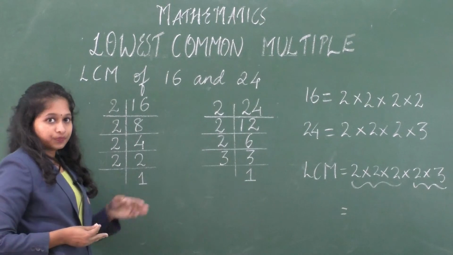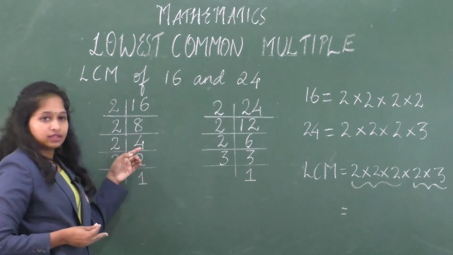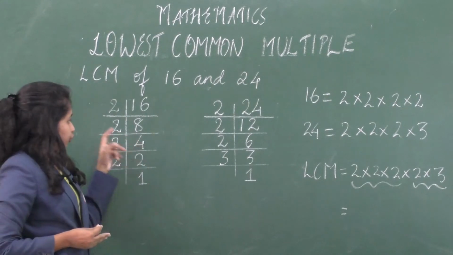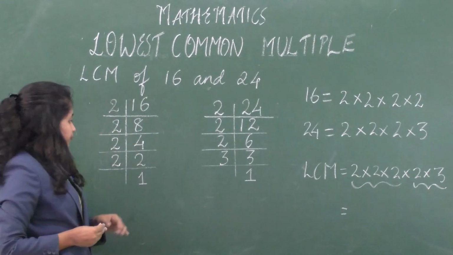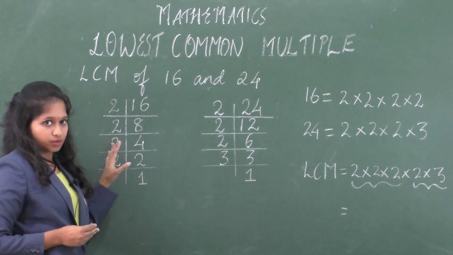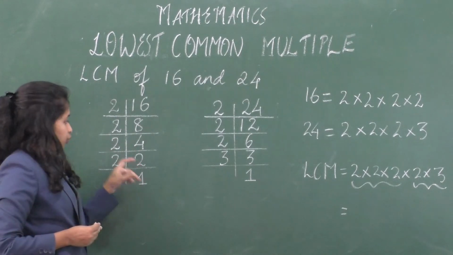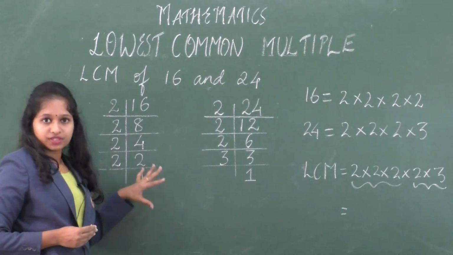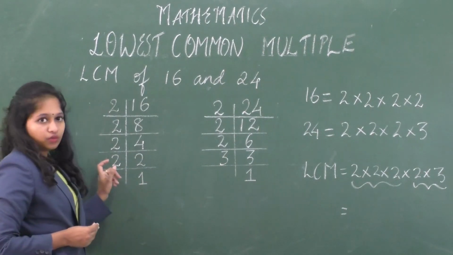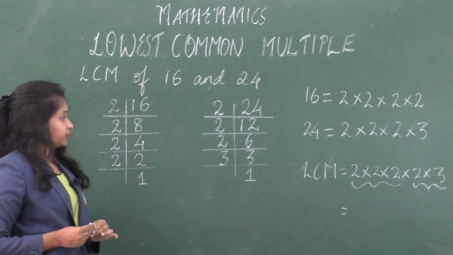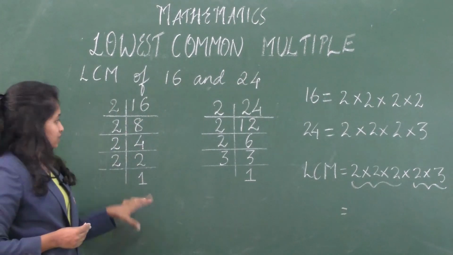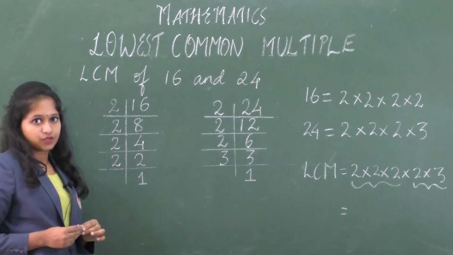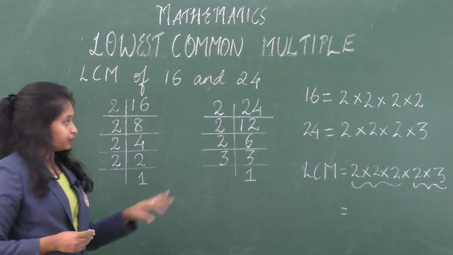Again 8. 8 is a multiple of 2 and 4. 4 2s are 8. Again 4 is divisible by 2. 2 2s are 4. Now 2 is a prime number. 1 2 is 2. So 16 can be written as 2 into 2 into 2 into 2. 4 times 2 is 16.